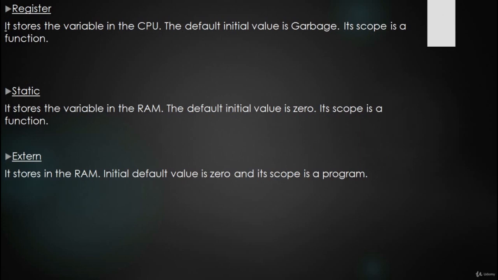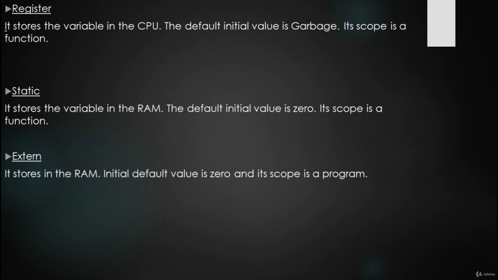Register stores the variable in the CPU, that's the central processing unit. The default initial value is a garbage value, and it has a visibility of a function. Static stores the variable in the RAM, the random access memory.